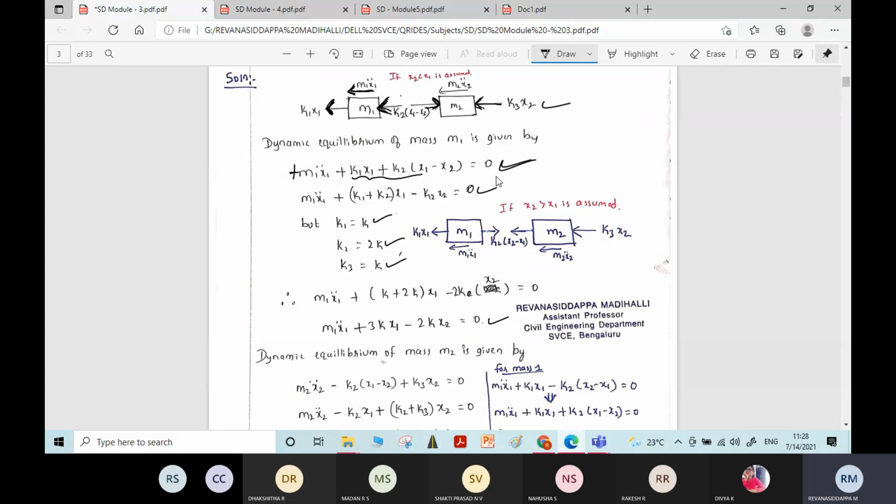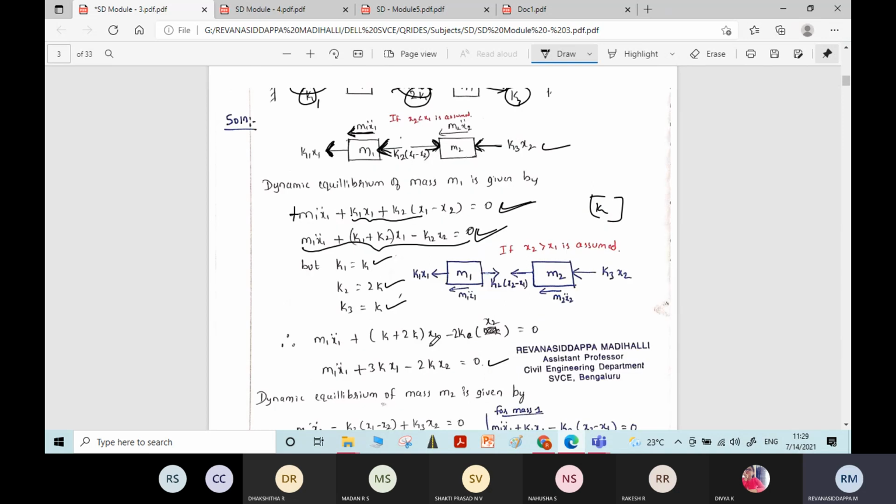You can do one more thing: you can stop here. Referring to this equation only, you can formulate the matrix K. You can substitute the values given for k1, k2, k3 later. Instead of substituting at this step, you can stop here. After you write the matrix equation, then you can substitute and simplify, and write the final stiffness matrix.